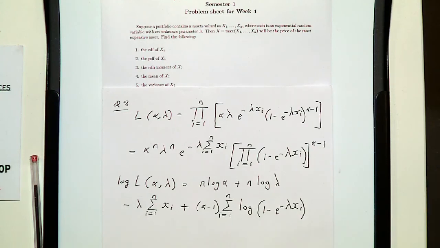And because you have two parameters, we need to do the partial derivatives with respect to alpha and with respect to lambda.